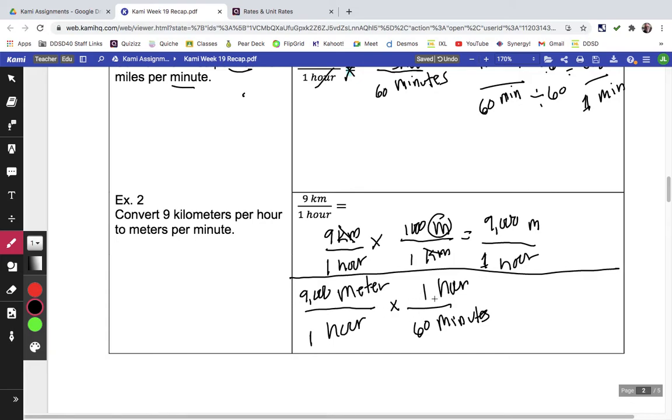So this is a 1. That cancels. So this is 9,000 divided by 60, and that's 150, I believe. Let's see, 9,000 divided by 60 is 150. So this is 150 meters per minute. Meters in 1 minute.